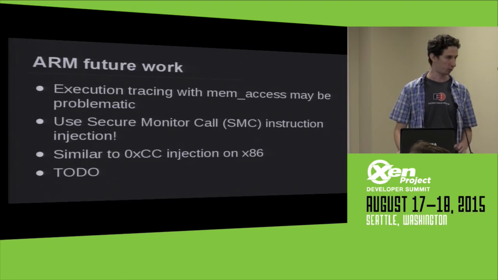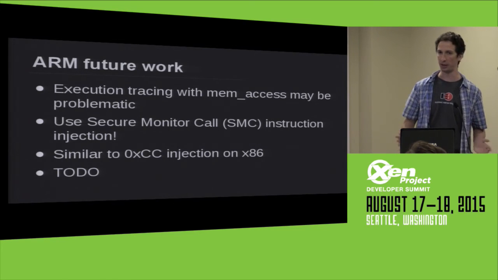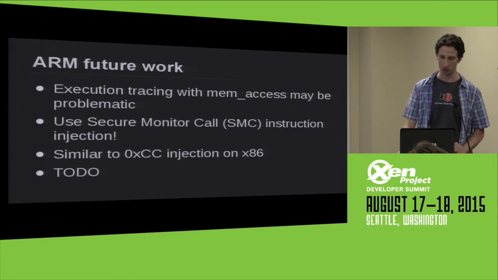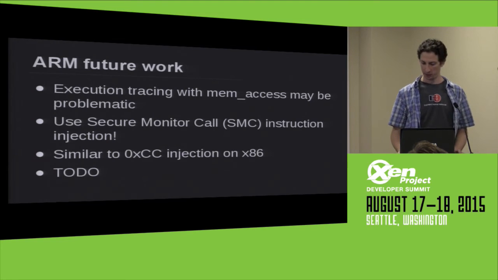Also, if there is someone here from ARM who knows more about the TLB than I do, that would be very cool to talk to, because we spent a couple of weeks on the Xen devel list just trying to dig up manuals on how the TLB is actually implemented on ARM, and there is not much information on it. So if anyone here can, I would be happy to talk to them about that.